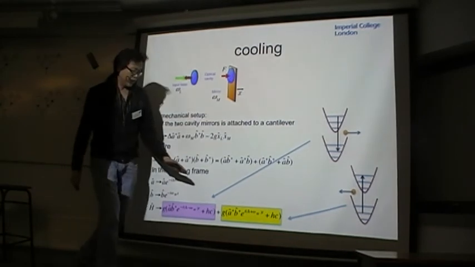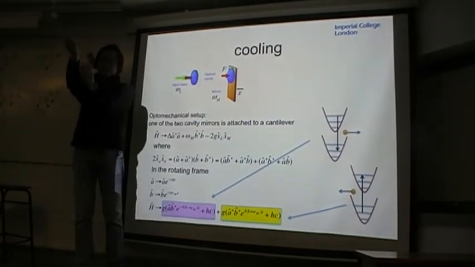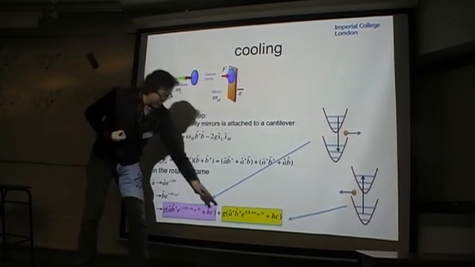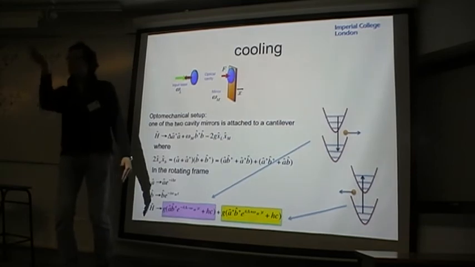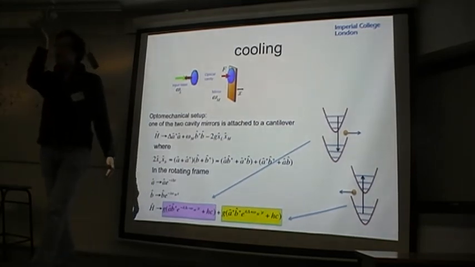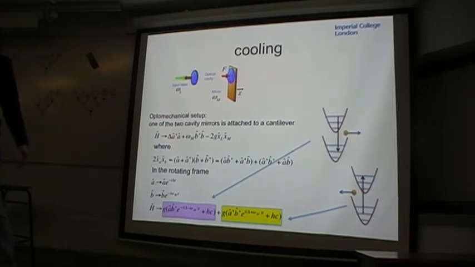That means that when a photon is created, B dagger appears. That means that the phonon moves up, from a lower state to an upper state. In cooling, what we want to do is take out as much energy as possible.